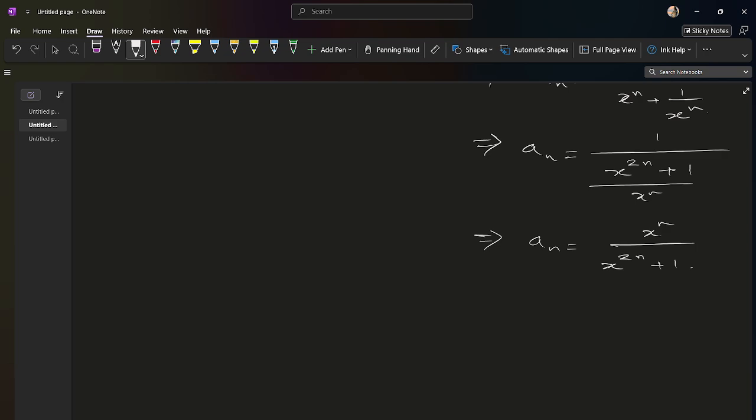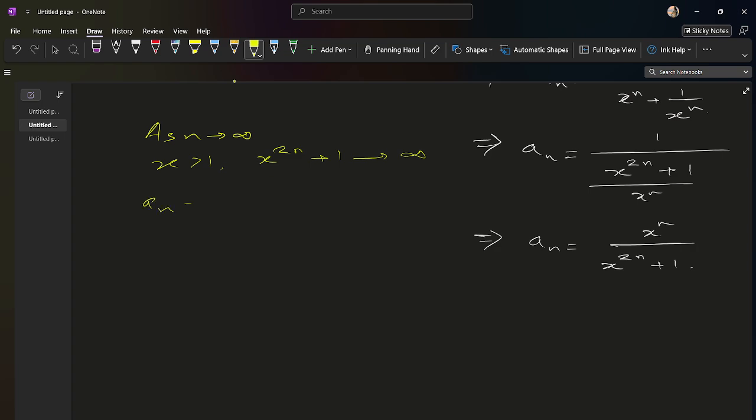As my general term is this, let me change my font color so that it will be easier to see. Now we are going to analyze the behavior of a n for large n. As n tends to infinity, and let us take x greater than 1, then x to the power 2n plus 1 has to go to infinity.